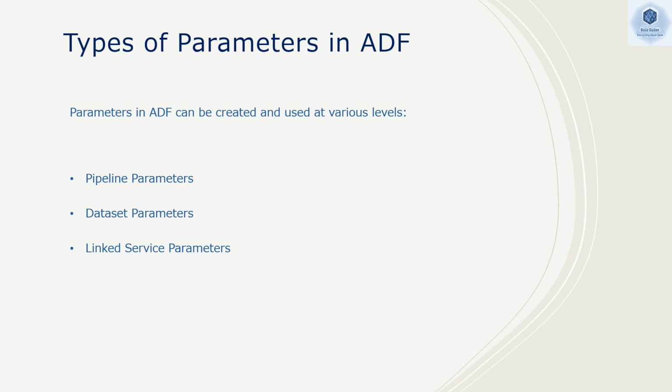The linked service parameter will be the top one, where you can parameterize your linked service connection strings, which get the data from the dataset parameters, and the dataset parameters in turn get the data from the pipeline parameters. For the pipeline parameter, you can pass it from Azure Data Factory while triggering it, or you can pass it from the execute pipeline activity. You can understand this better while we are executing it in Azure Data Factory.